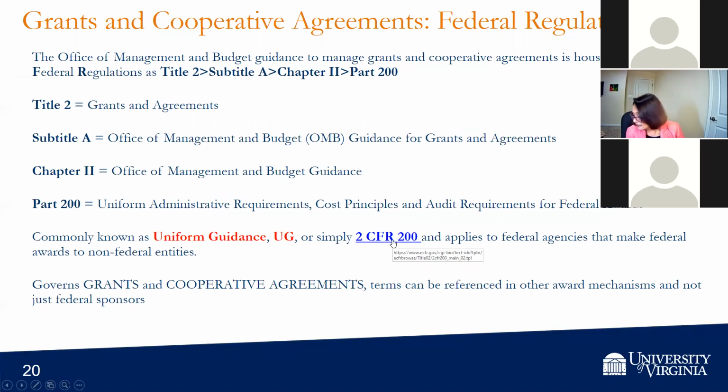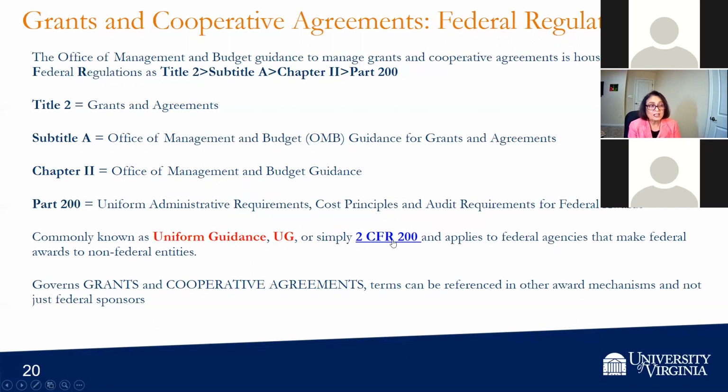So now these are the federal guidelines that apply to federal agencies that are issuing grants and cooperative agreements to non-federal agencies. When the federal agencies are issuing these awards to us, they ask us to follow these federal guidelines, plus their own terms and conditions.